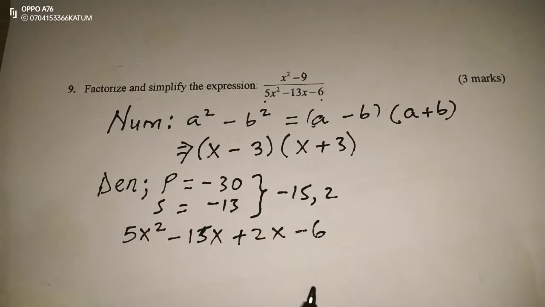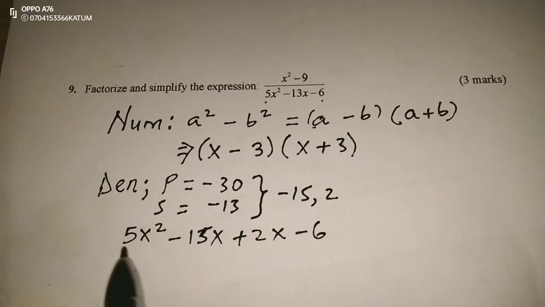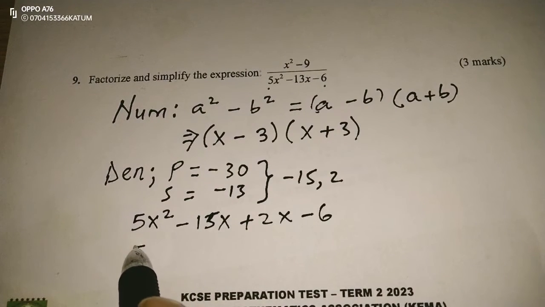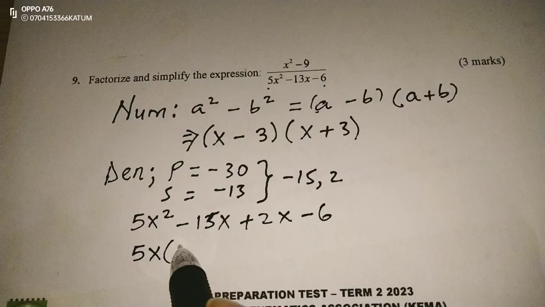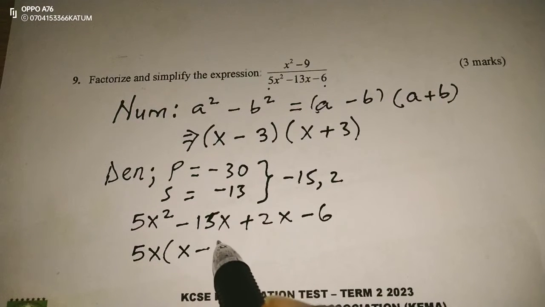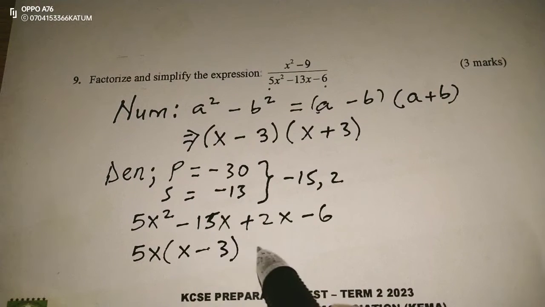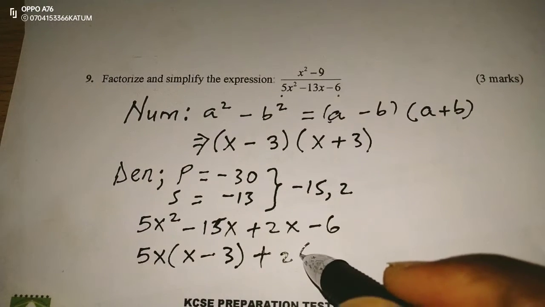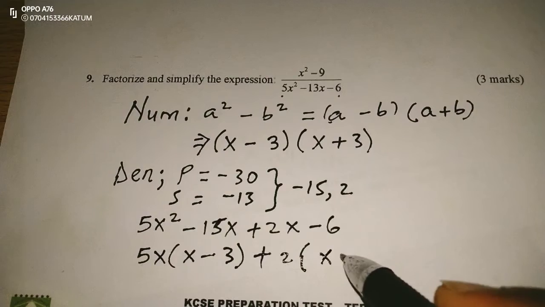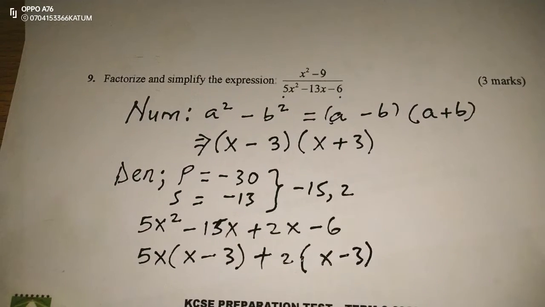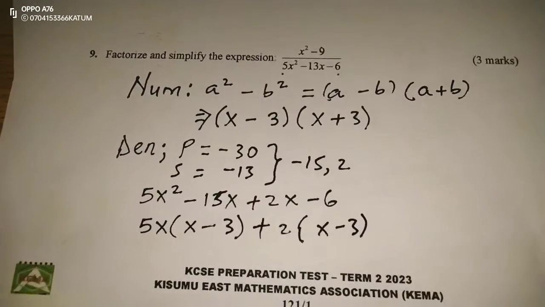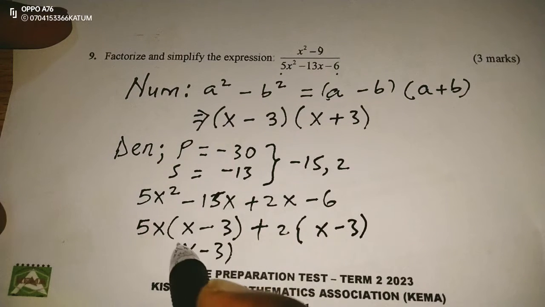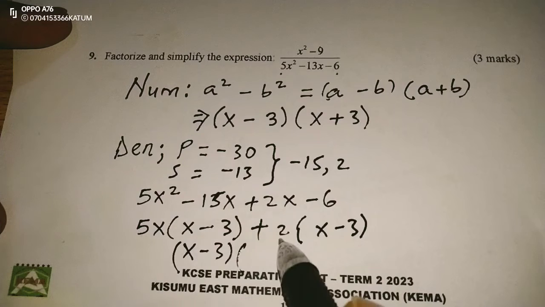In every two terms, we factorize whatever is common. So in the first two, we have 5x being common, so as to remain with x minus 3, then plus, you can see 2 is common, and when we factorize 2, we remain with x and negative 3. Therefore, we can pick the common factor in this case, whereby we have x minus 3, then 5x plus 2.